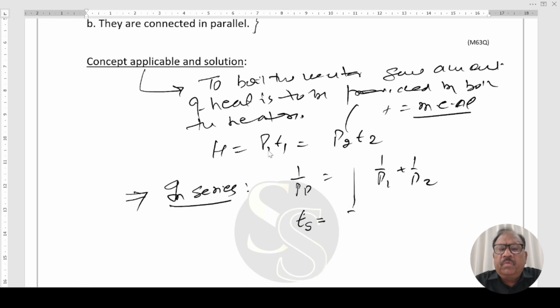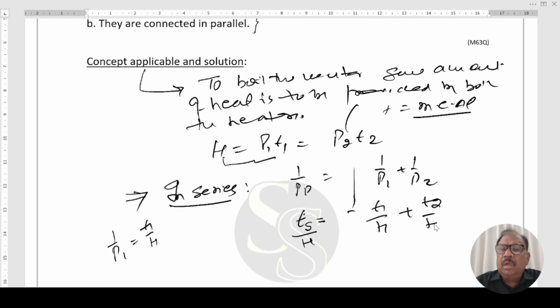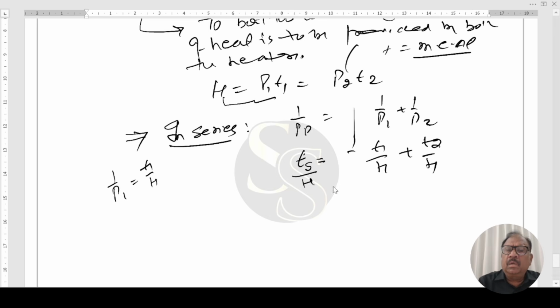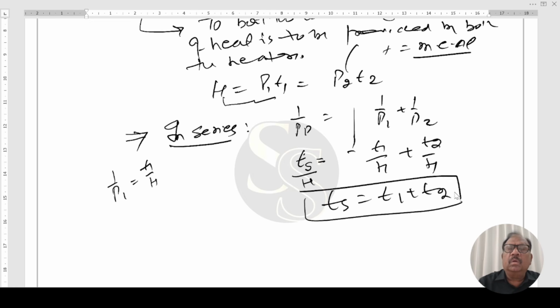So from this, 1 over P1 will be equal to T1 over H. So that is Ts over H, that is T1 over H plus T2 over H. Means if they are connected in series, T1 plus T2, sum will be total.